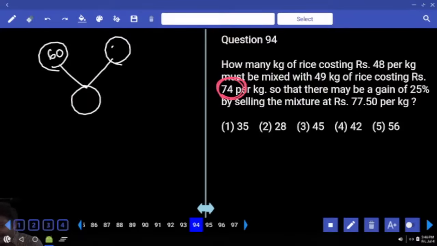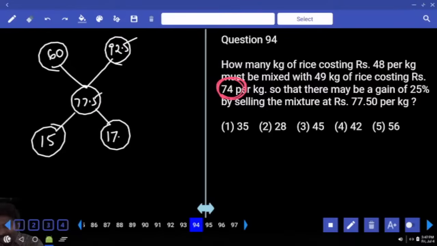That is not the mixture. 92.5. For the mixture we already have the selling price. No problem about it. Alligation 92.5, 77.5. 15 here, 17.5. 2.5 cancellation. 6 times, 7 times. Ratio 6:7. Are you okay?